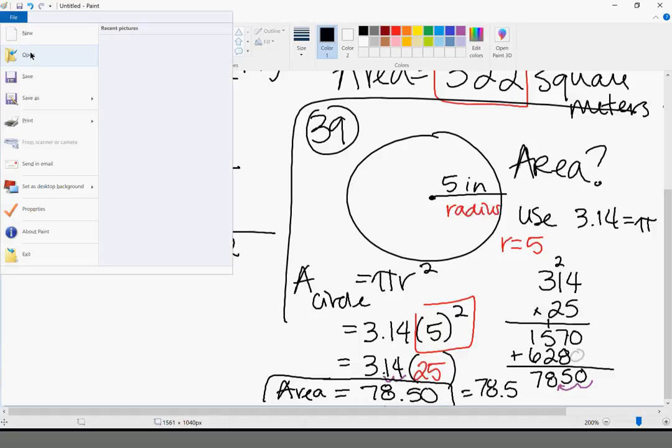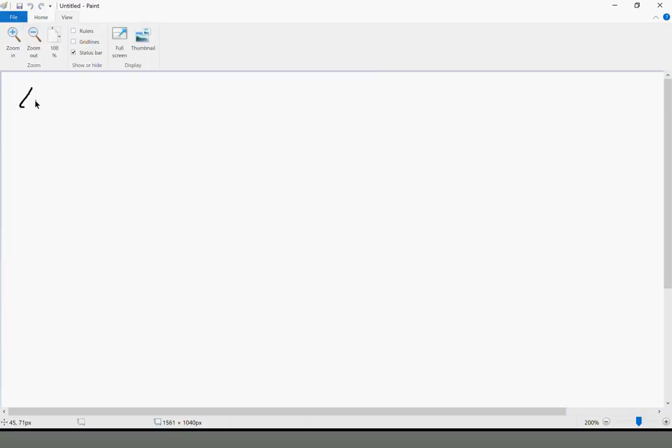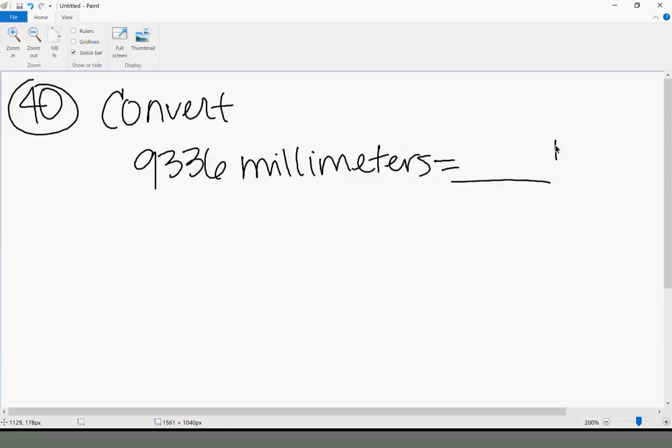Alright, and the last problem is a conversion problem. So it says to convert the measurement. So we have 9,336 millimeters equals how many kilometers? So they're going to give you some conversion tables to choose from.